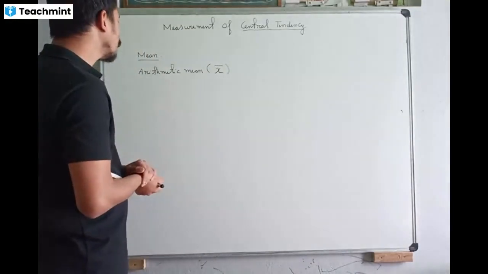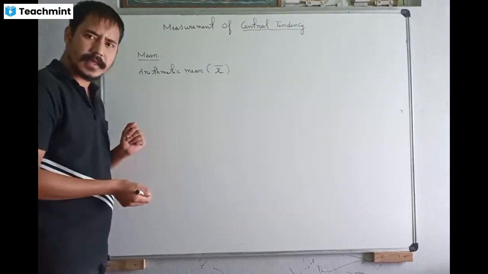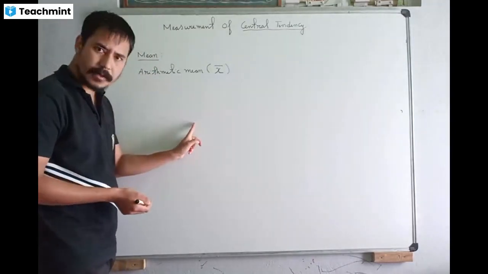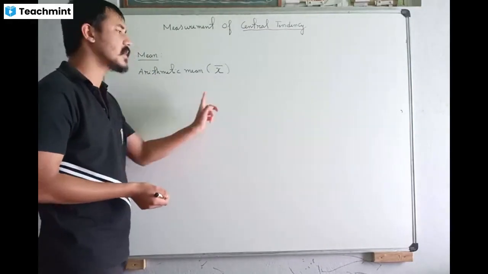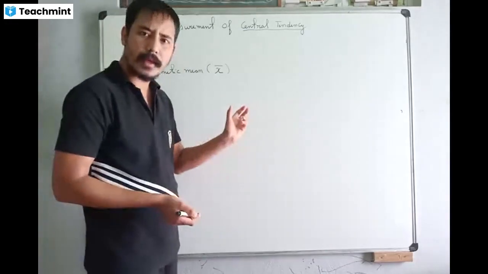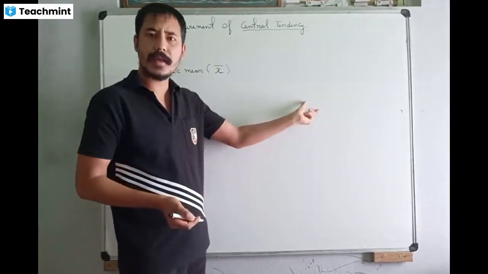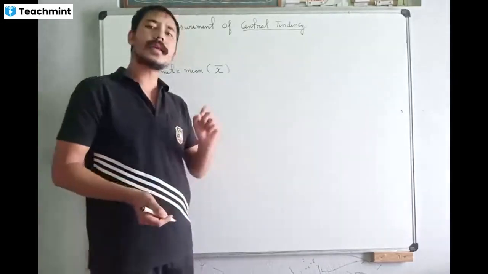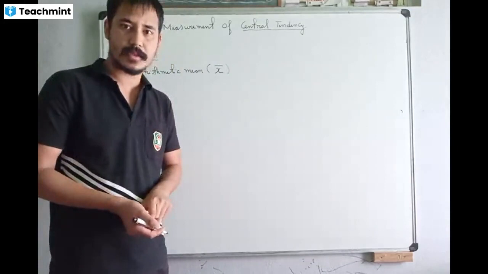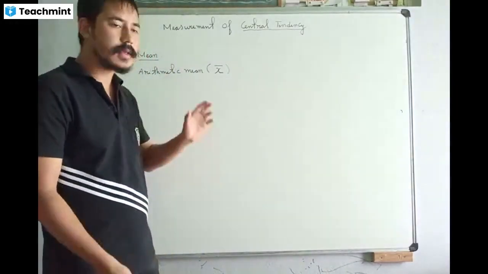Now, the definition of arithmetic mean is that it is a number which is obtained by adding the values of all the items and then dividing the total by the number of items. That is known as arithmetic mean. Let me repeat.